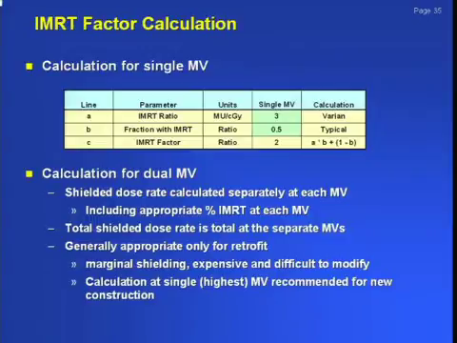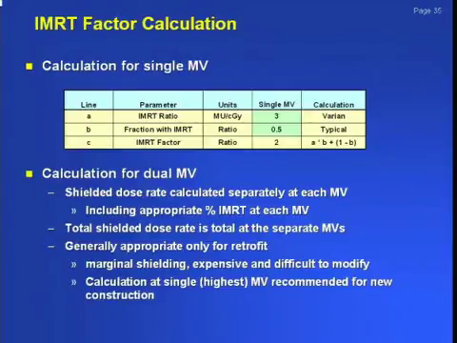Your calculation at a single energy rate has an IMRT ratio factor, and your shielding is calculated the same way, except you include the percent IMRT at each megavoltage energy that you're going to use, and then add your dual or triple shielded dose rates up to get your total dose rate for IMRT.